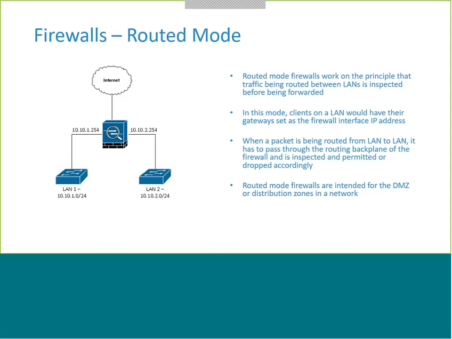I suppose in a way it's perhaps one of the easier ones to configure as well. We've got clear boundaries between networks. In this scenario here, you can imagine we might just have two interfaces, one going into the LAN 1 switch, another going into the LAN 2 switch. We've got a nice, easy setup there, and that's a very common scenario you'll see with a routed mode firewall.